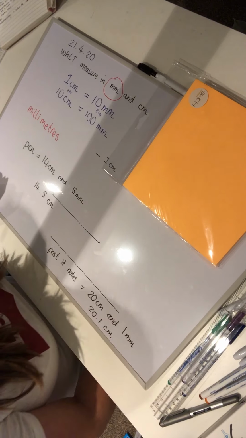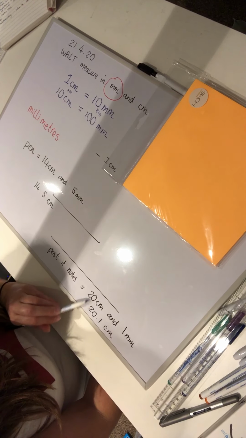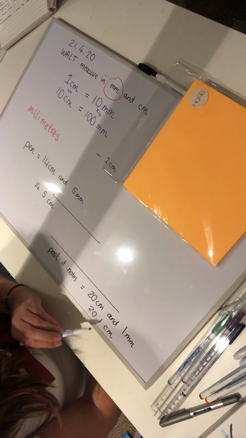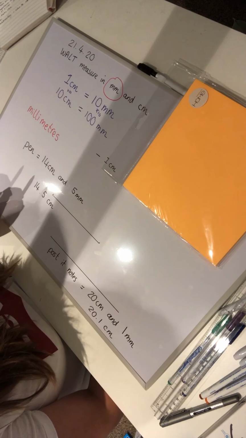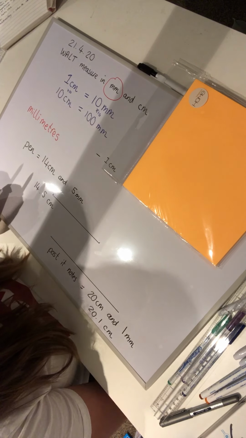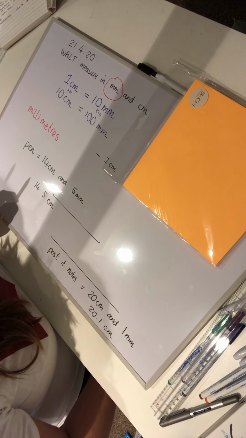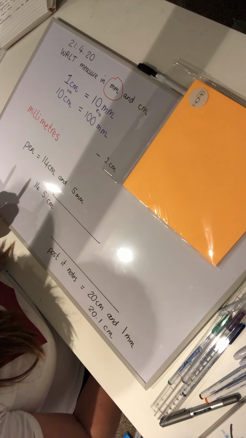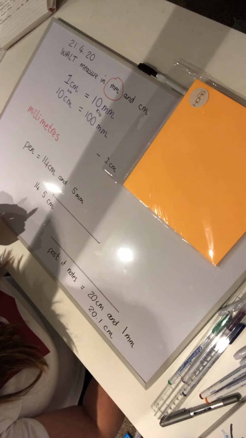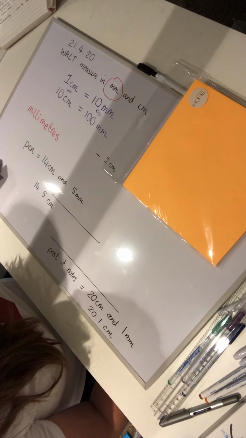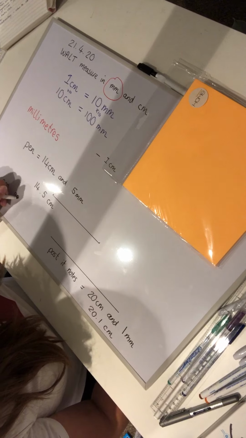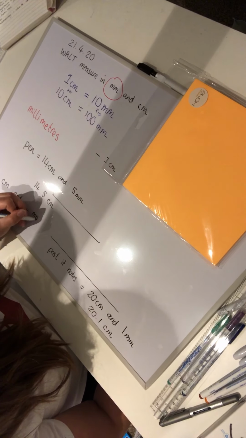That's a Year 4 scale, 20.1. You can see 20 and 1 millimetre, 20.1. The decimal point that we learned in our Maths and Money. Hopefully that makes sense. So just remember that you need to record however many centimetres and however many millimetres.